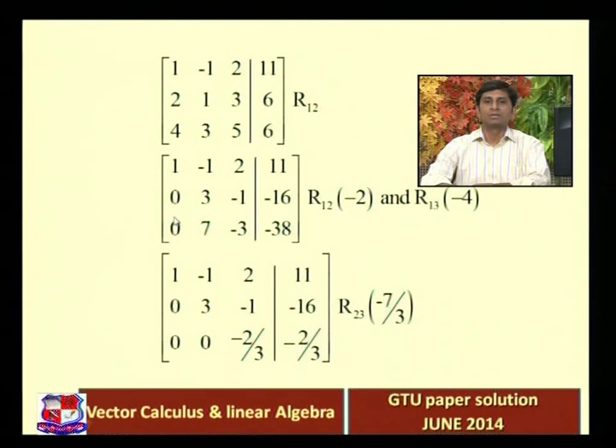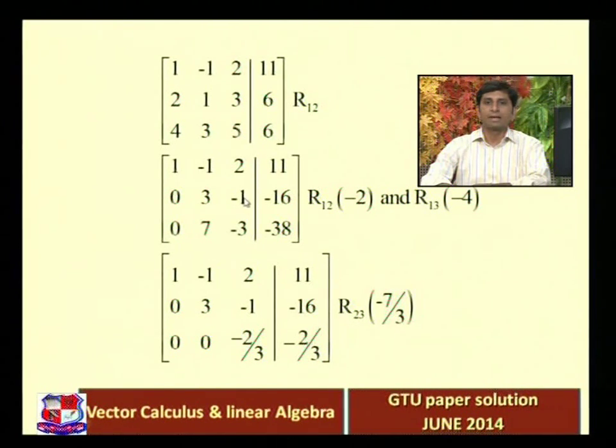So the first and second rows are as they are, 1, -1, 2, 11, and 0, 3, -1, -16. Then 0, 0: you can see 3 into -7/3, so 7 minus 7 is 0.